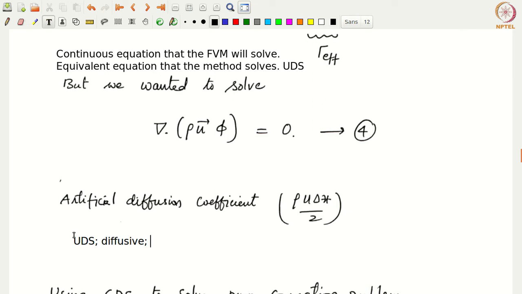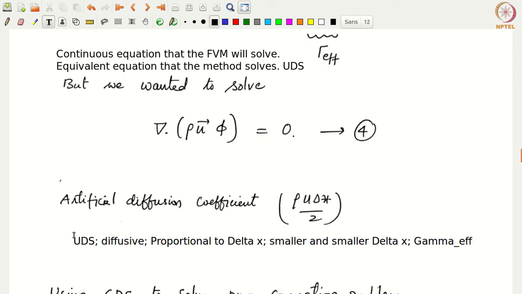However, the diffusion coefficient is proportional to delta x. That means if we take smaller and smaller delta x, then the effective gamma can be made to go to as small as possible, but it will never be 0, because it is always proportional to delta x.